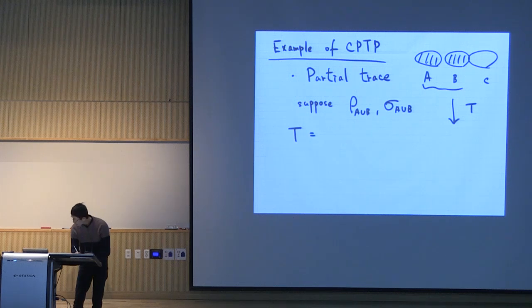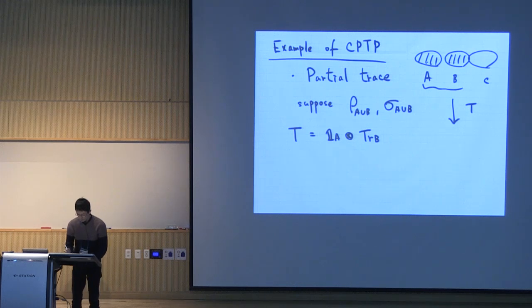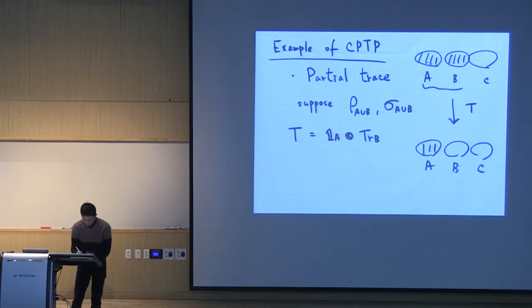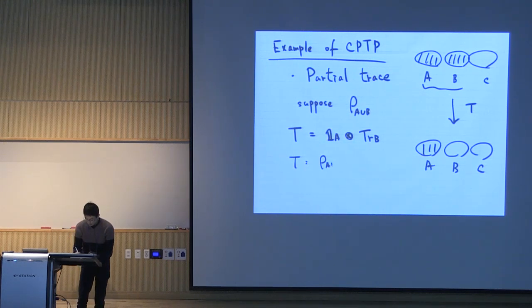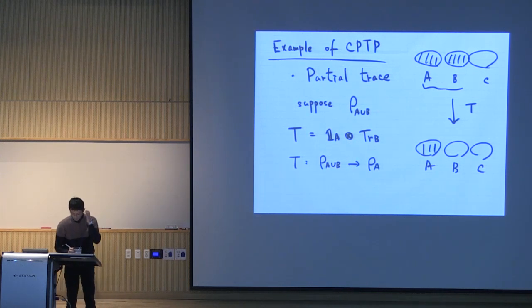T is the identity operator on A times a trace on space B. If we perform such an operation, then you end up with just a system A. So after taking the partial trace, rho of AB, sorry, I don't need sigma here, I only need rho, one quantum state, is now mapped to rho of A. Okay, so this is a simple example.